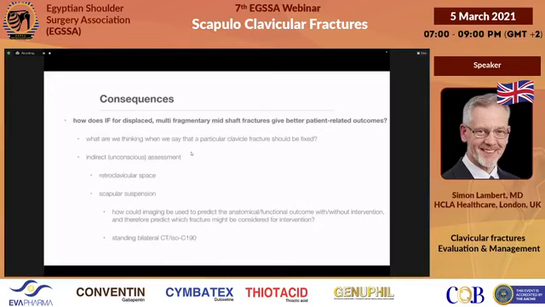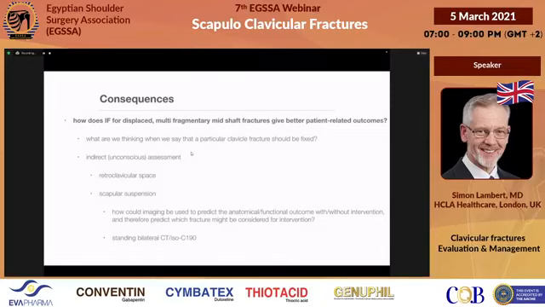Well, when we're thinking about that, you and I in the clinic are unconsciously looking at the space behind and around the clavicle in terms of the plexus and veins and the suspension of the scapula. We then look for imaging to understand or predict the functional outcome with or without intervention.